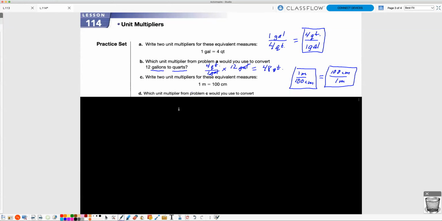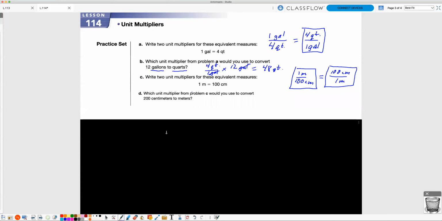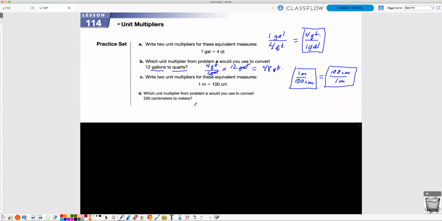Letter D, which unit multiplier from C would you use to convert 200 centimeters to meters? Again, if I'm going from 200 centimeters and I need to multiply it by a unit multiplier, which one would I choose if I want to convert centimeters into meters? Well, consider this. I want centimeters to go away and I want meters to remain.